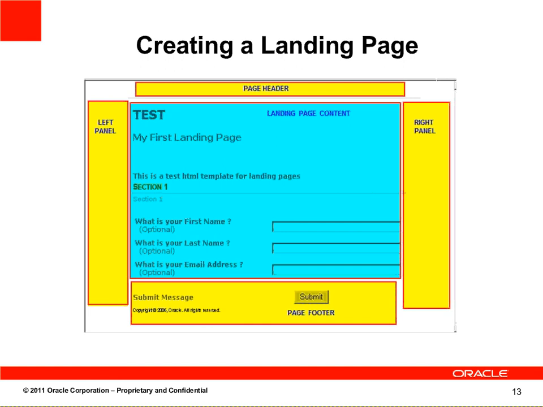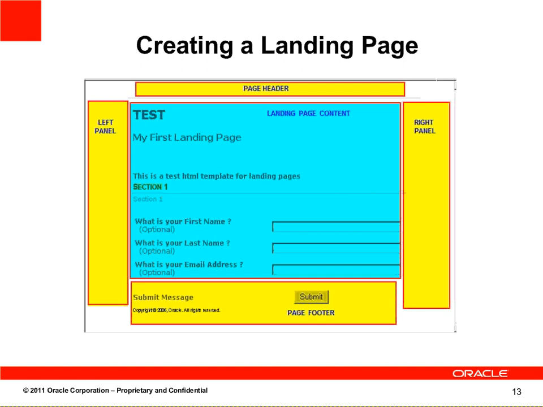This is the landing page that we are going to create in this presentation. We're not going to do it with much detail. We're not going to have a left panel or a right panel. We're just going to create a basic landing page content which has a header, a subheader, and some lines, and a very small survey in the middle.